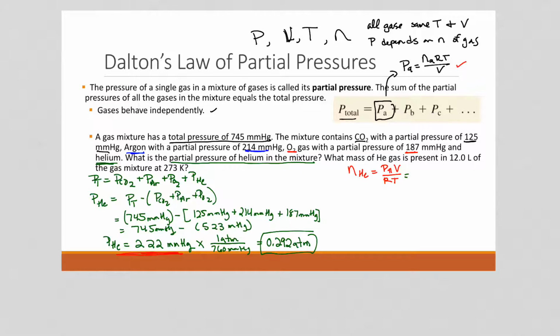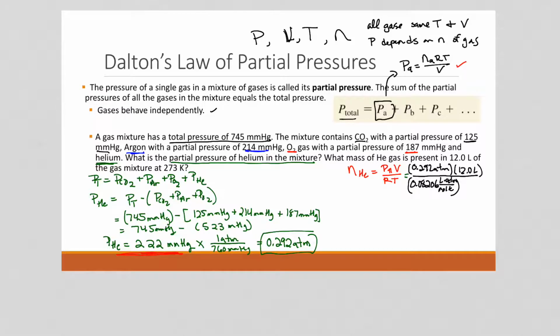So let's go ahead and put this in. We have 0.292 atm times a volume of 12.0 liters. Our R equals 0.08206 liter atmospheres per mole Kelvin.